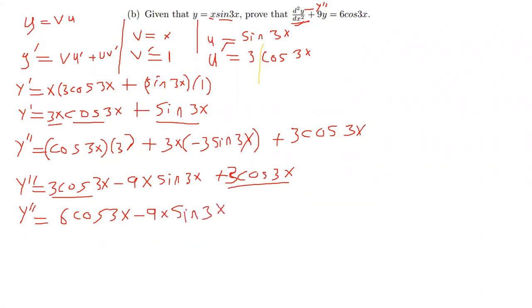So according to this expression, they are saying we prove that this is equal to that. So what we do here, where there's d2y dx2, we're going to put this, and where there's y, we're going to put this expression. So where there's d2y dx2, we're going to replace with 6 cos 3x, and then we're going to have our negative 9x sine 3x.